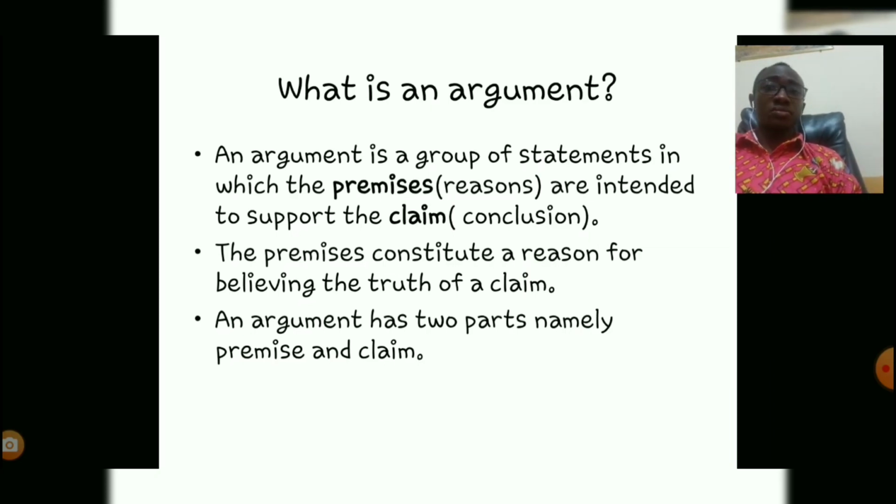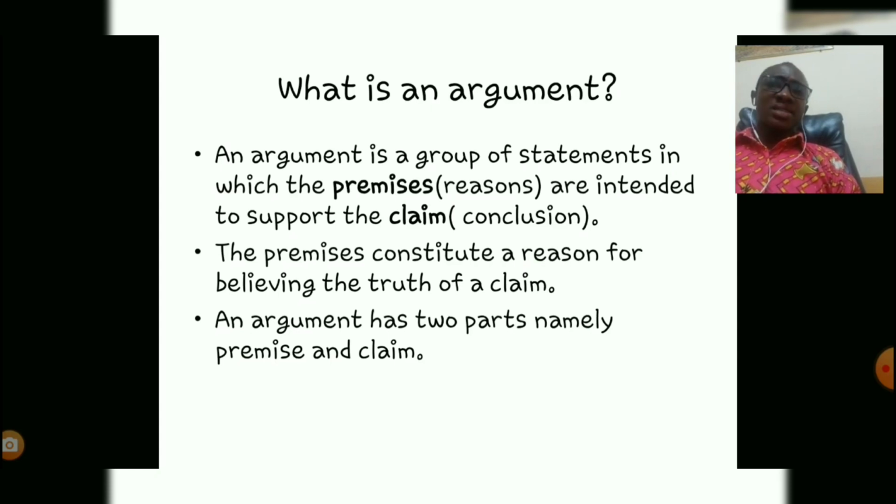Now let me give an example of an argument before we come to the two parts of an argument. For example, let's take a look at this argument. Wearing a white cloth on a sunny day is the best. That is a claim. It's a statement I'm making.